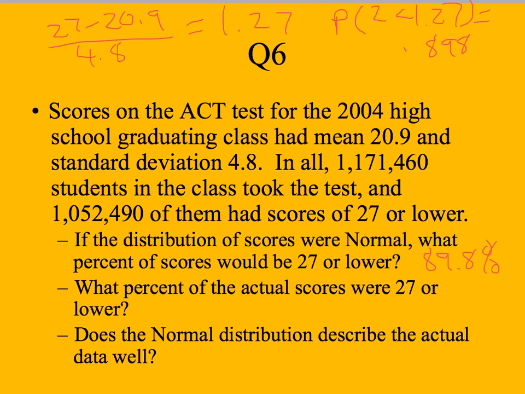Next question. What percent were actually lower than it? Here you just have to divide. So you have 1052490 divided by 1171460. Sounds like a calculator job to me. That gives 0.898.